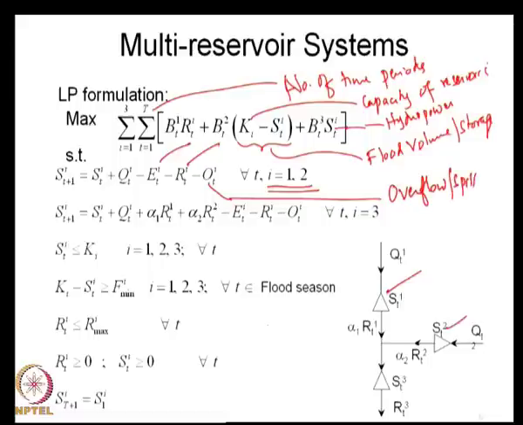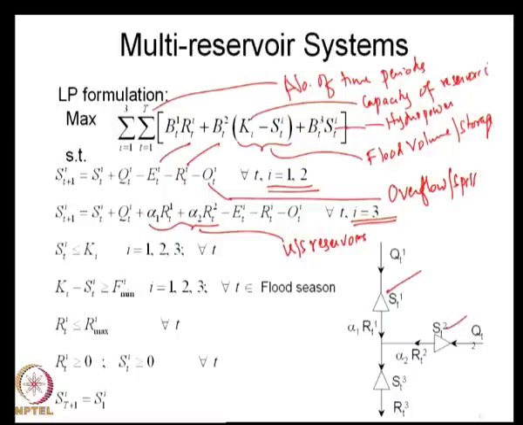When you come to reservoir 3, i is equal to 3, you have to account for what is coming from the upstream, alpha 1 R1 and alpha 2 R2. These are the terms that you include here. This is the flow that is coming from upstream reservoirs. And this is S_it plus Q_it, that is the storage in the reservoir number 3 and the inflow that is coming to reservoir 3.